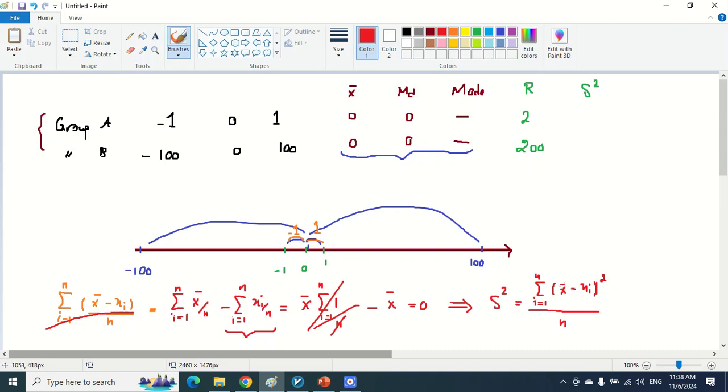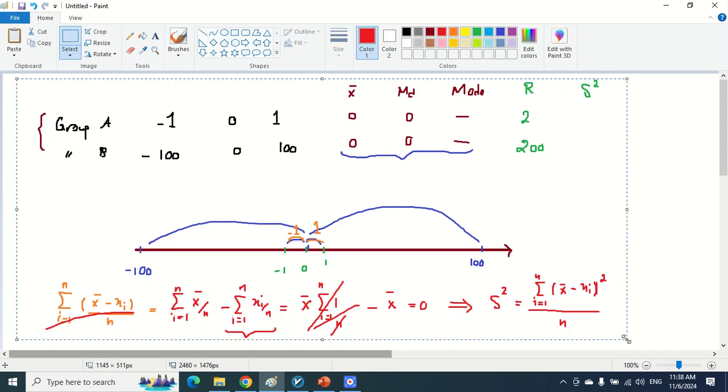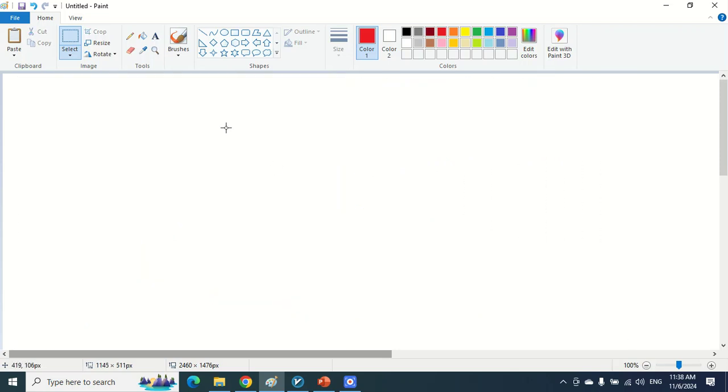On the other hand, we can simplify this formula as well. How can we simplify it? Instead of writing that value, we can expand this expression. We start with s squared, which was equal to the summation of x bar minus xi, squared, divided by n.